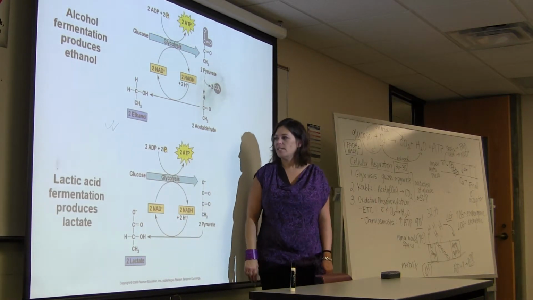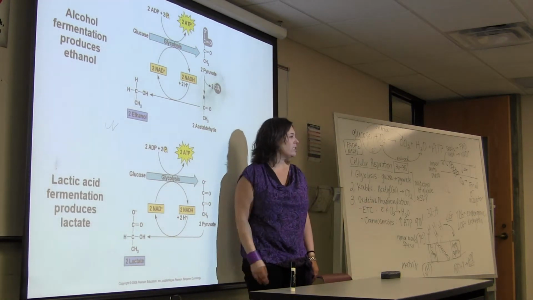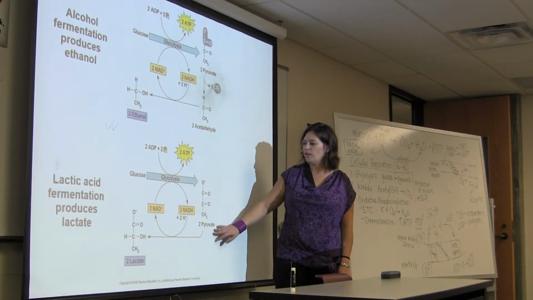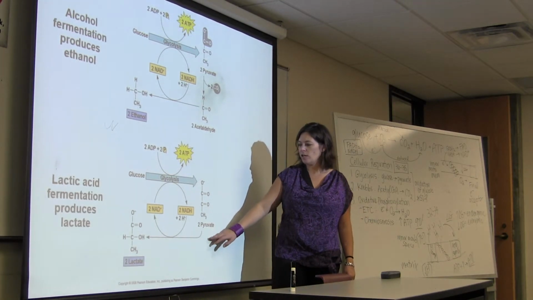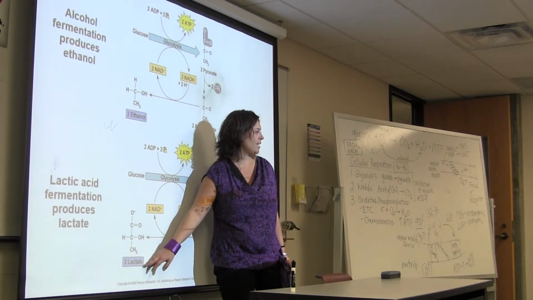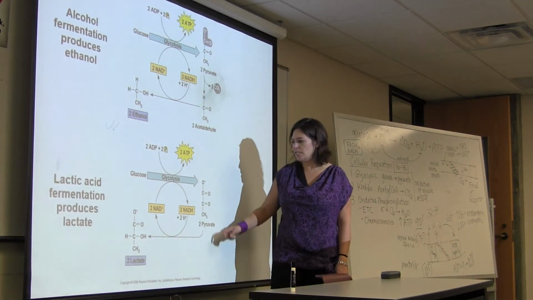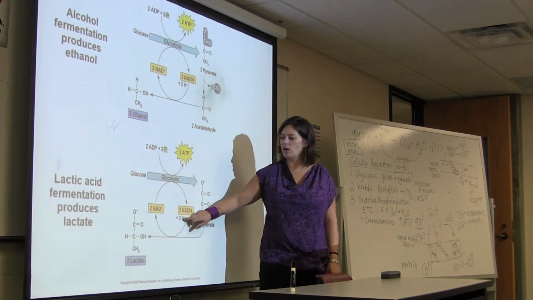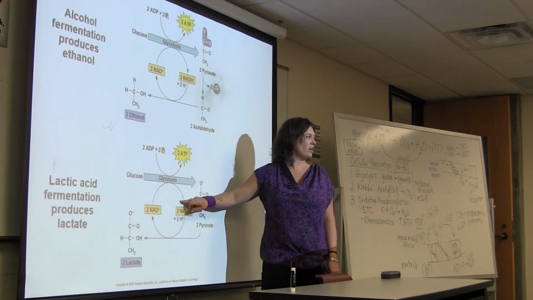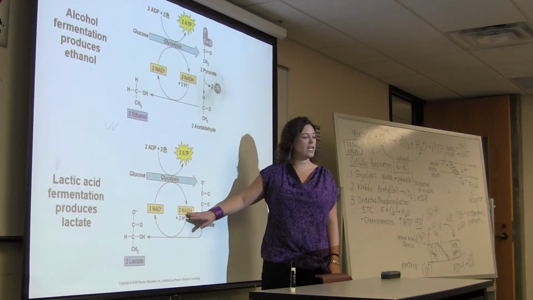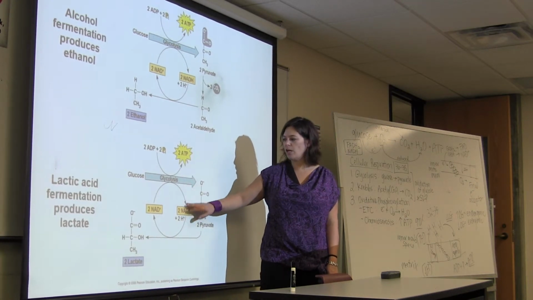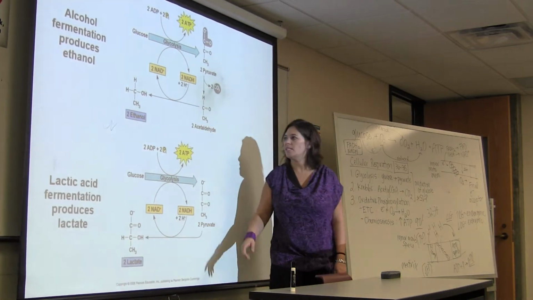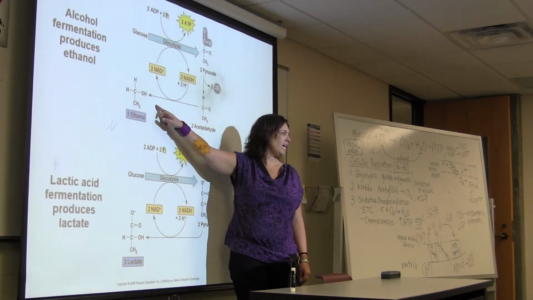Now in lactic acid fermentation, again, you're still going to have glycolysis, so you're still starting with pyruvate, but pyruvate is going to be converted into lactic acid or lactate. And same thing, we're taking the electron carriers that have these electrons from glycolysis, and some of them are going to be used to make lactate, and some of them are going to be used to make ethanol.